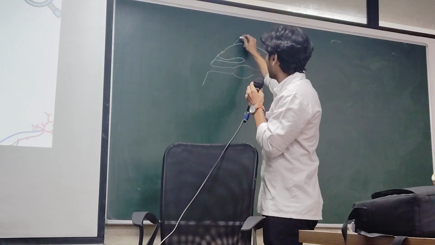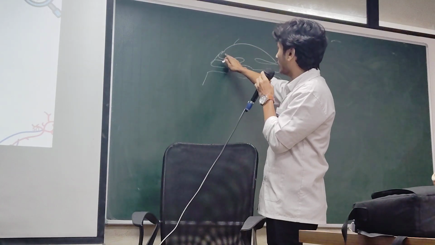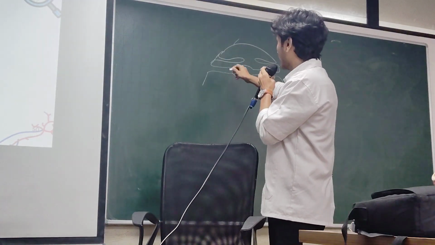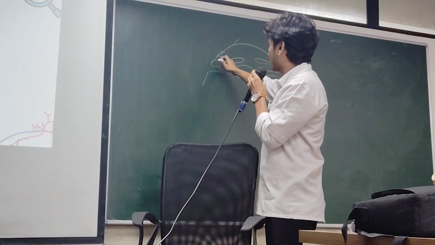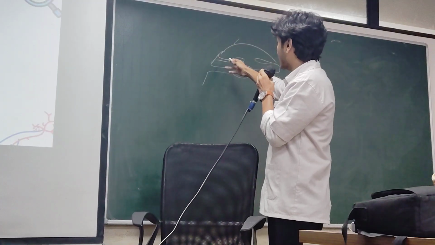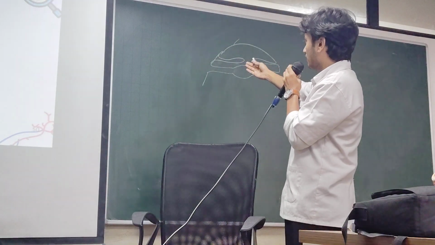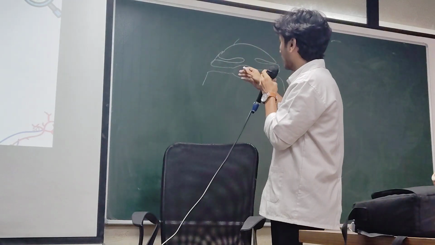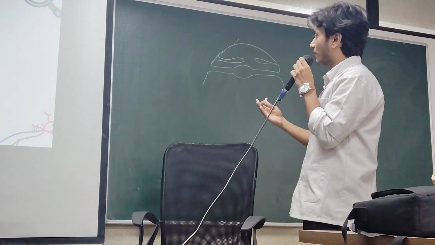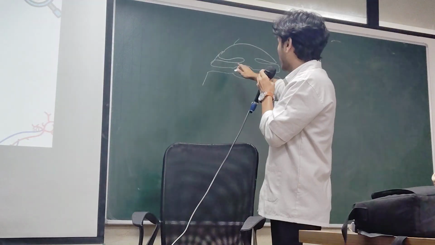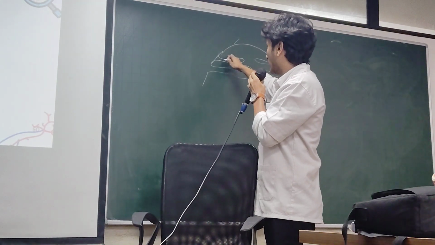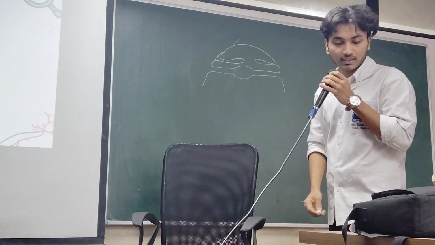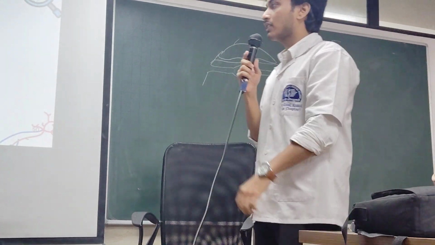So this is the cornea and this one is the iris. In primary open-angle glaucoma, the trabecular meshwork, which is present at the junction of the cornea and the iris, is blocked, while the angle remains normal or open. While if the angle of the iris is reduced, with the blockage of the trabecular meshwork, it suggests angle closure glaucoma.